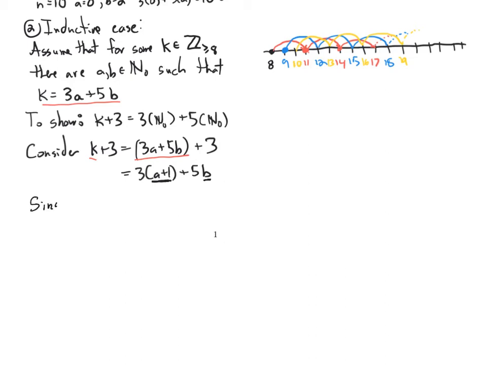So since a plus 1 and b are indeed whole numbers, so natural numbers including 0, then the result is proved. And we're done.